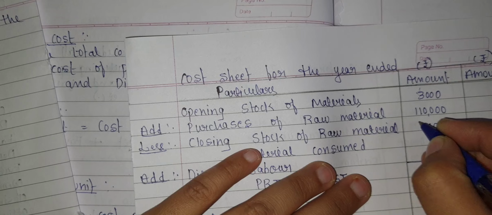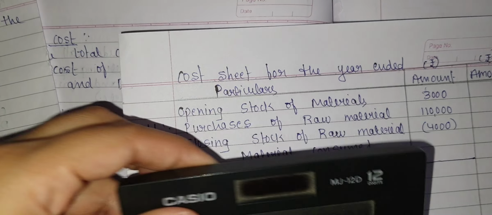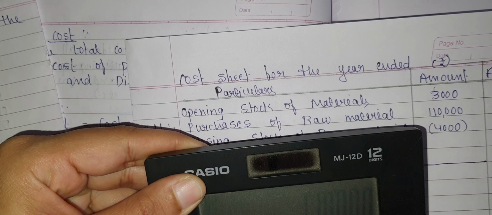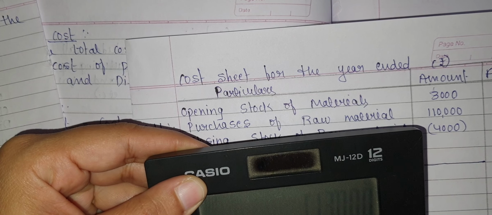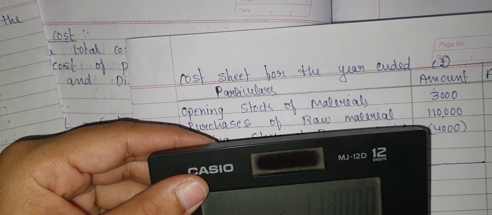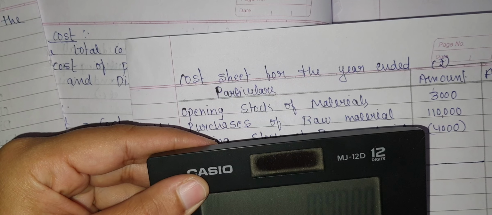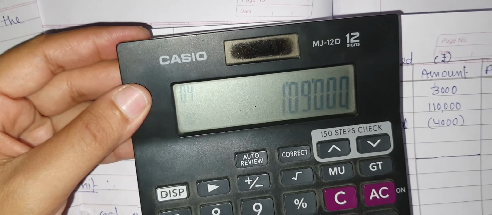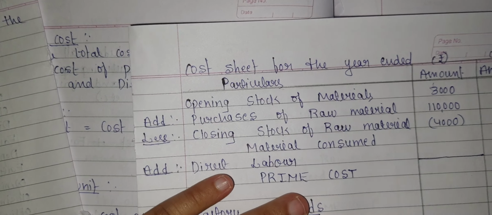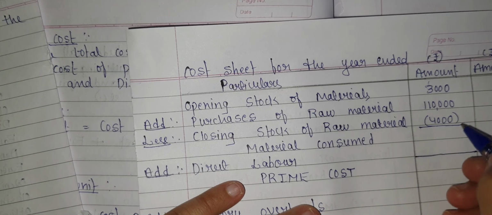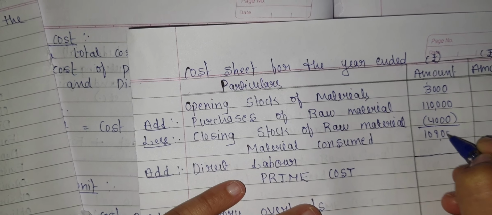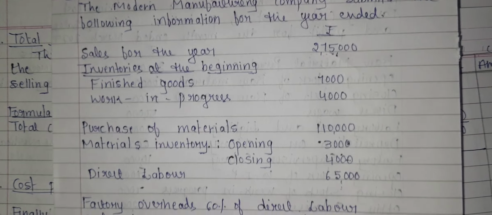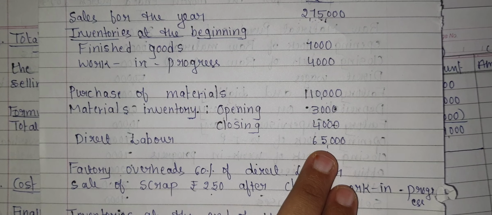So our material consumed is 3,000 opening stock, to which we add purchases of rupees 1,10,000. From this we deduct closing stock of raw materials, rupees 4,000, which equals rupees 1,09,000. Rupees 1,09,000 is our material consumed. Next, to direct materials we add direct labor, that is rupees 65,000.